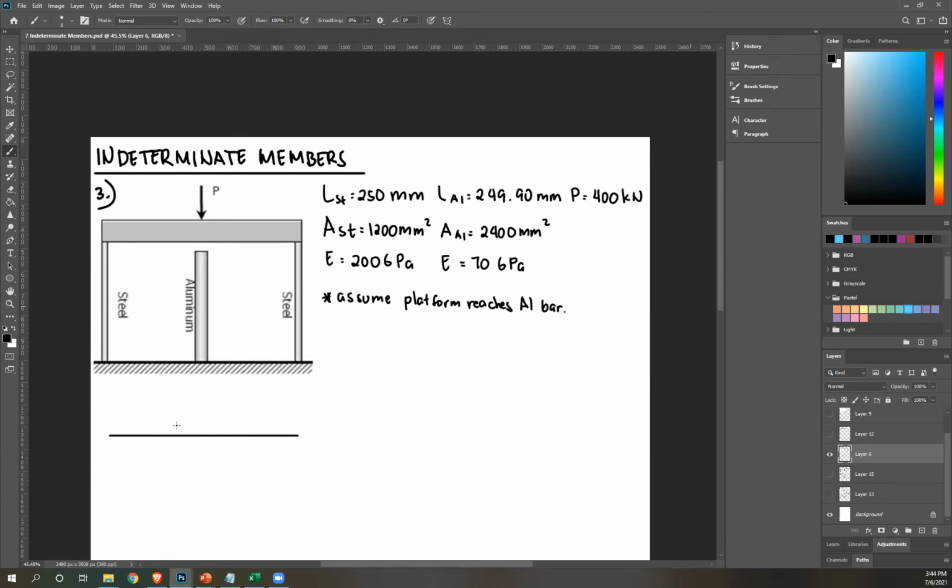Right? So this is your platform. There are reactions here at this point, PST, PST. And then at the center, your aluminum also gets to react since your platform reaches it. So PAL. And then we have an external force here, 400 kilonewton.